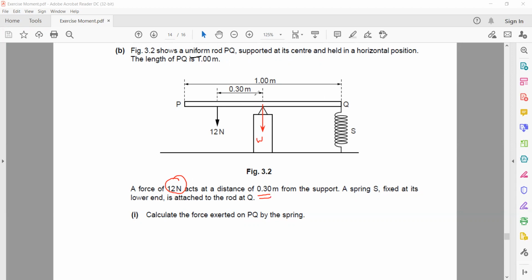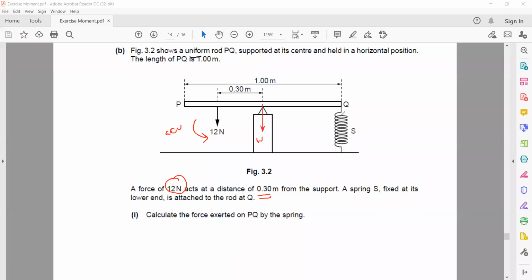So this force of 12 Newton at a distance of 0.3, in which direction will it cause a moment, clockwise or anti-clockwise? Which direction is the force of 12 Newton causing a turning effect? That is anti-clockwise.